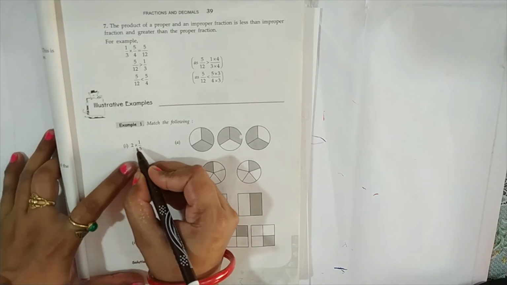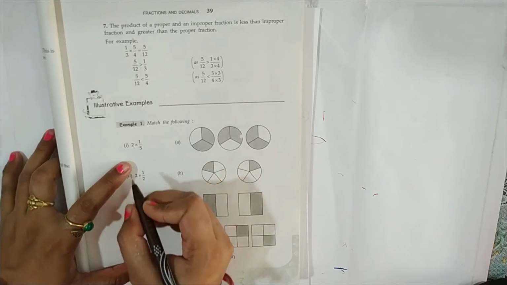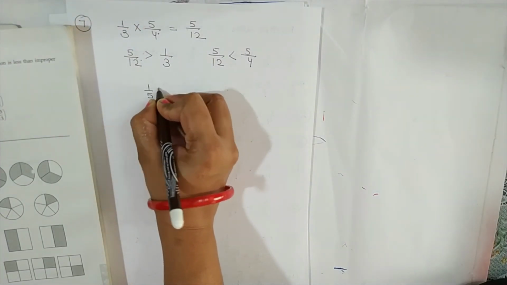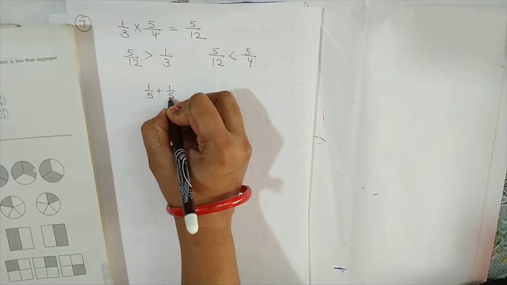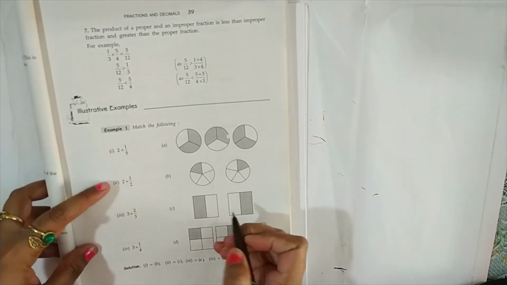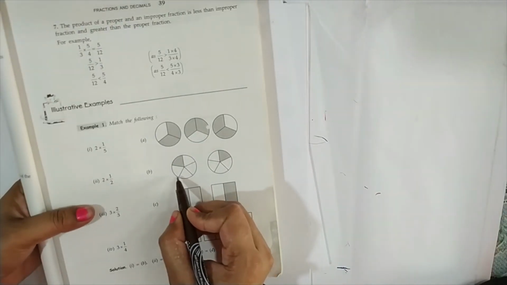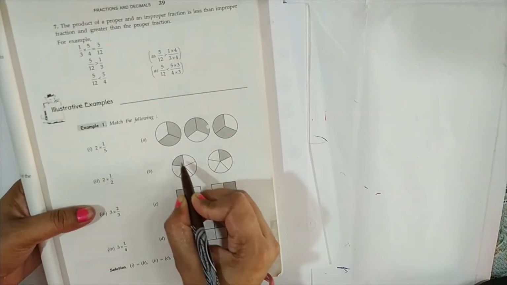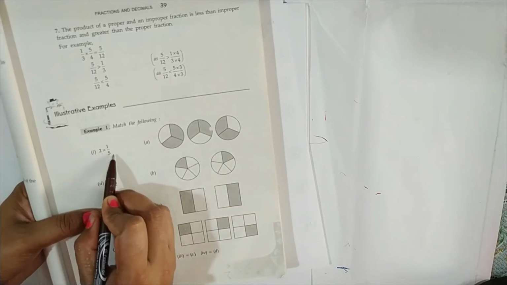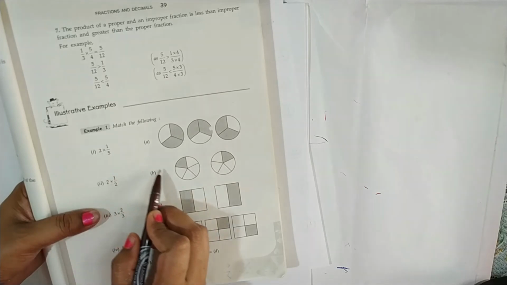So 2 into 1 upon 5 can be written as 1 upon 5 plus 1 upon 5. Okay. In which pictorial representation is 1 upon 5 plus 1 upon 5? Yes, this is 1 upon 5 and this is 1 upon 5. It means this matches with this.